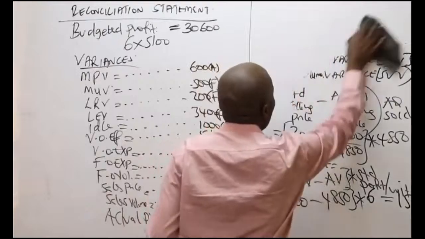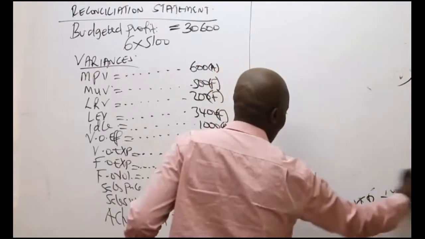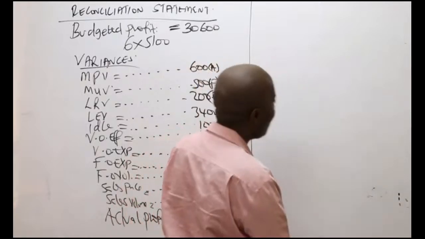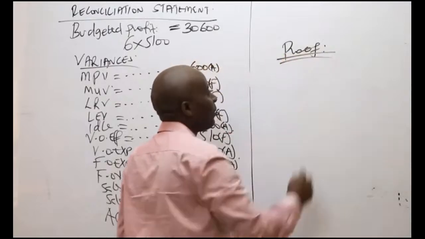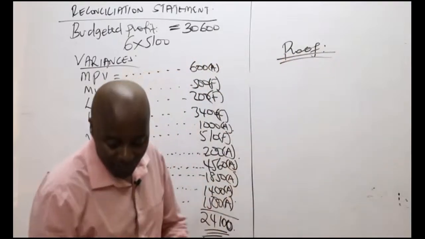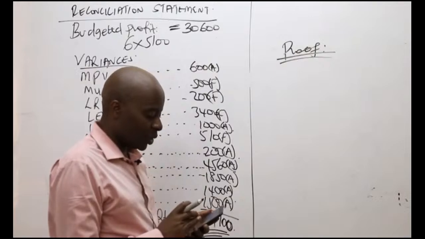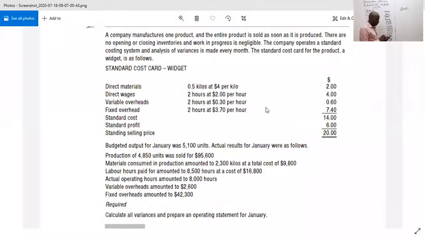Although in an exam situation you don't do it, you can come and prove it if you wish, but in an exam never do that. Please pin the question there.